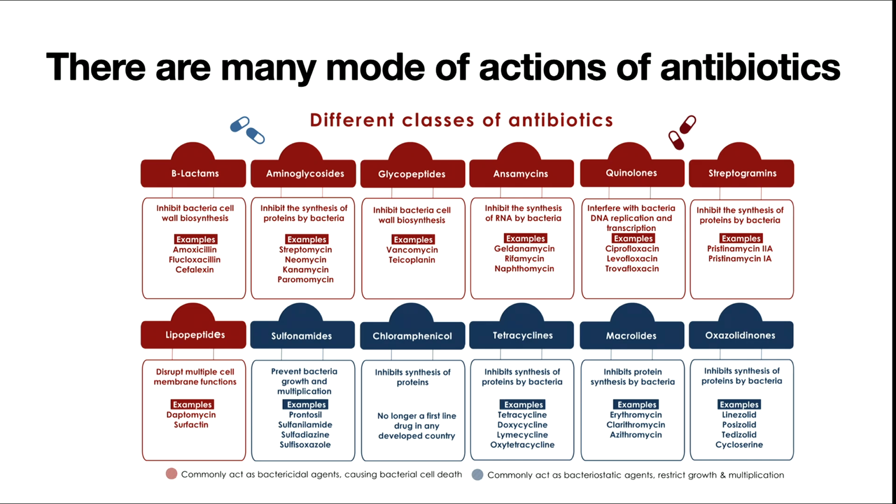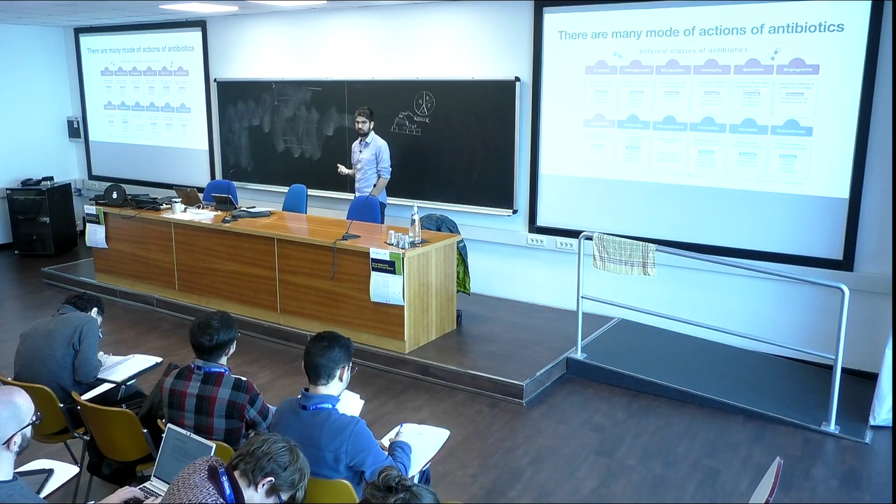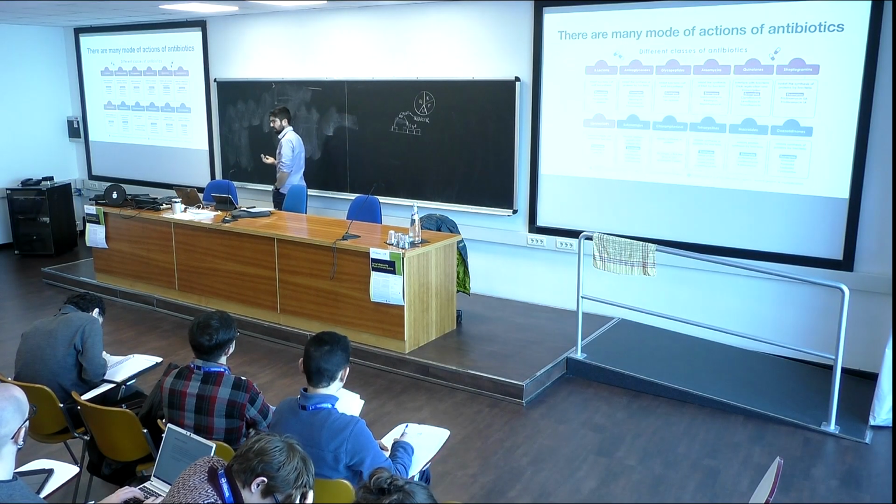Now, the other point that I want to make is that there are many types of antibiotics. There are two main types, represented here in red and blue. There are antibiotics that kill bacteria: when you expose bacteria to them, you kill a fraction of the cells based on how much antibiotic you put, and resistance evolves by the fact that bacteria are not killed anymore.